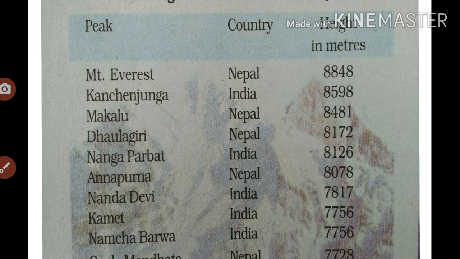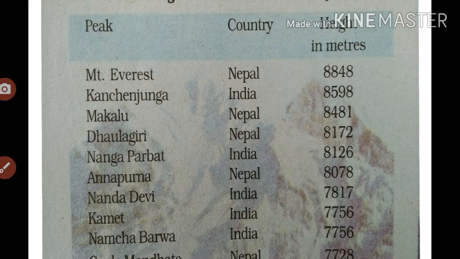Then Makalu in Nepal, its height 8,481. Then Dhaulagiri in Nepal, its height 8,172. Then Nanga Parbat in India, its height 8,126.